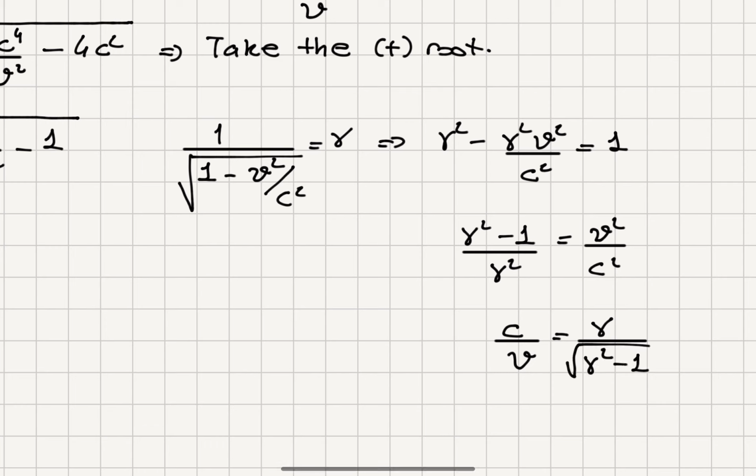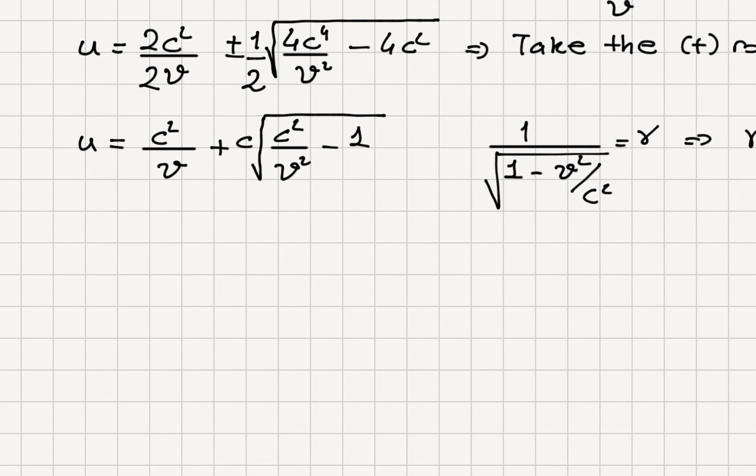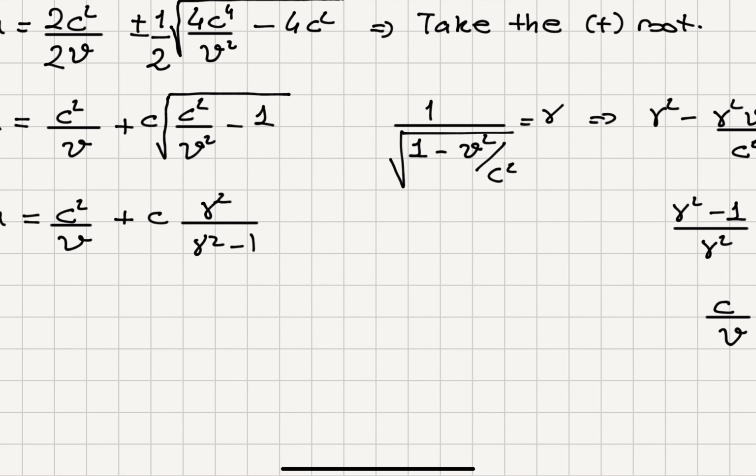Okay, so here I have c squared over v squared. So u is equal to c squared over v plus c. c squared over v squared is gamma squared over gamma squared minus 1. And then I have minus 1 inside the square root.